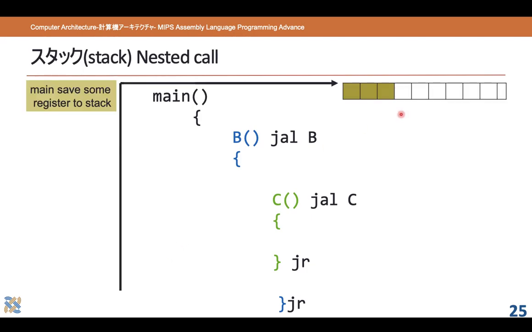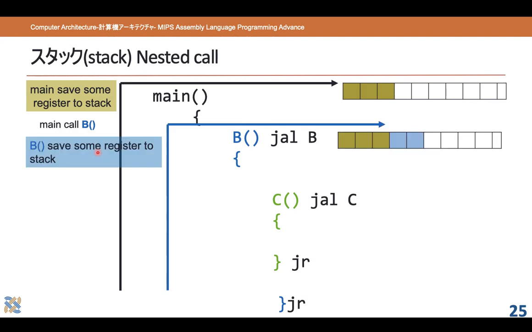Look at the stack here. This is the stack memory. Before calling procedure B, the main already used these two elements of the stack. After that, main calls procedure B. Now B might need some more.